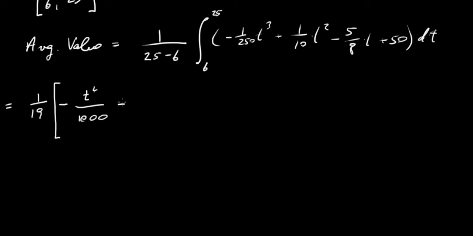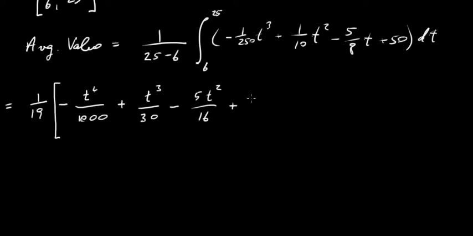Okay, next one then is a plus. We have a t squared here, so that's going to be t cubed over 3. But we have a 10 on the bottom here, so 3 tens, 30. We have a minus. This is going to be t to the power of 1, so when we integrate it, it's going to be t squared. So there's a 5 on the top, and it's going to be t squared over 2, so 2 times 8, 16.